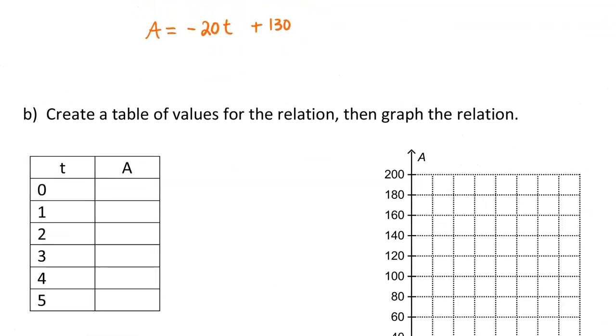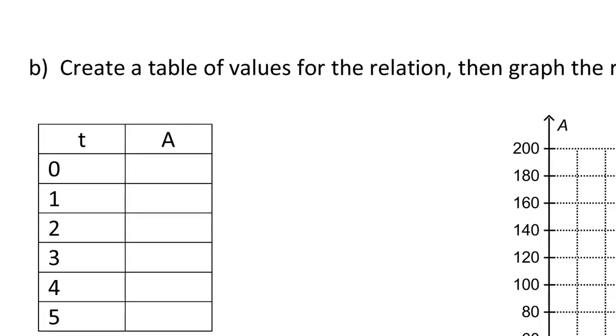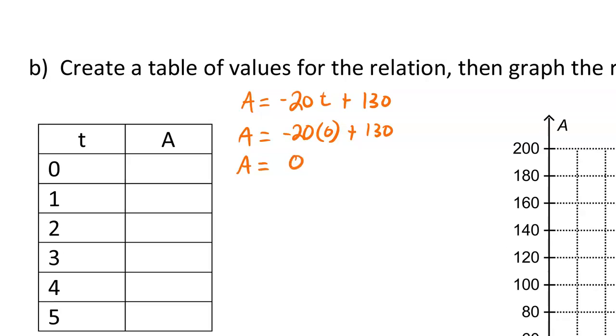Part B says, create a table of values for the relation, then graph the relation. Now looking at 0 for a time, well, if we use A equals negative 20 t plus 130, well, if you put in 0 for your t plus $130, that makes A equals 0 plus 130. A equals $130.